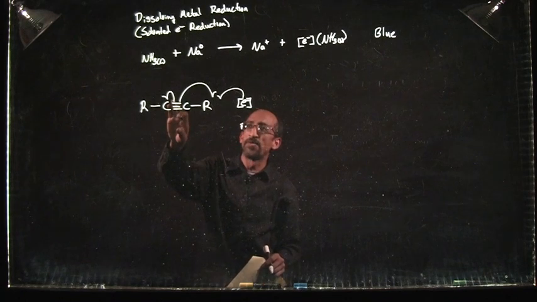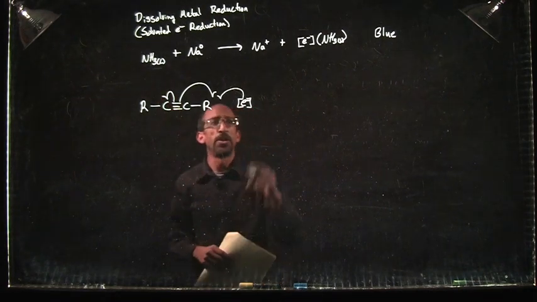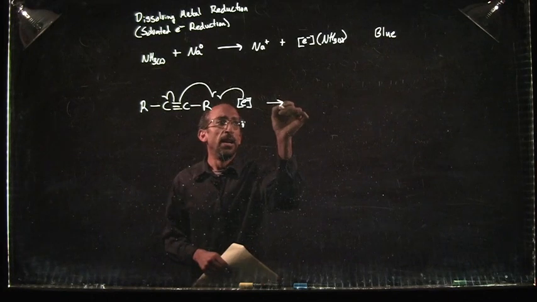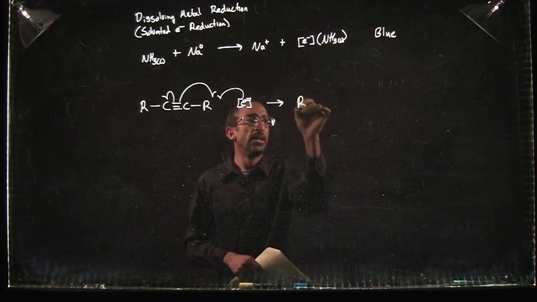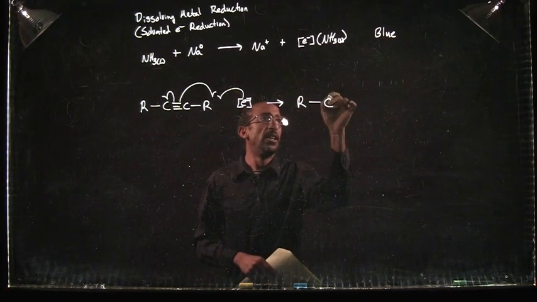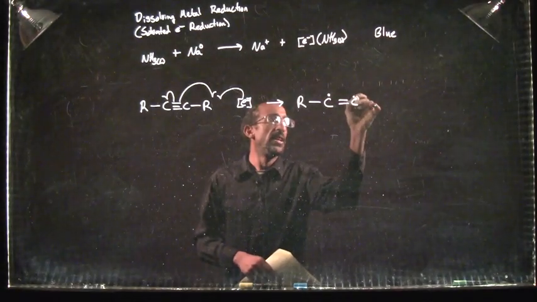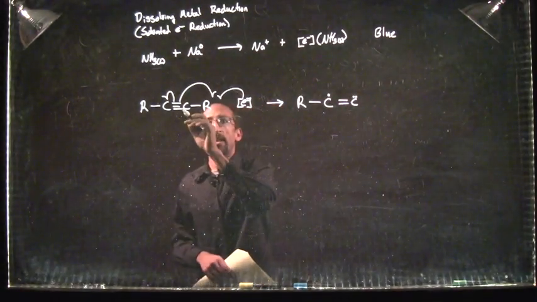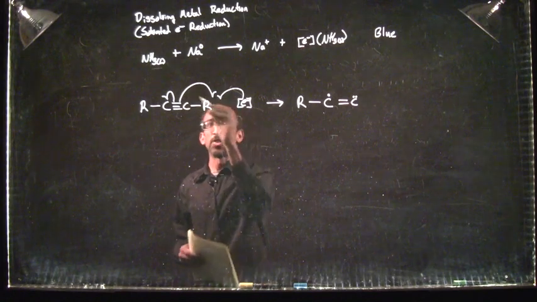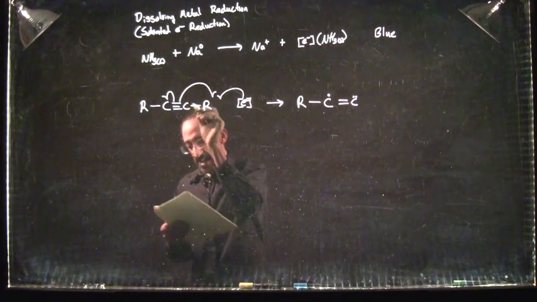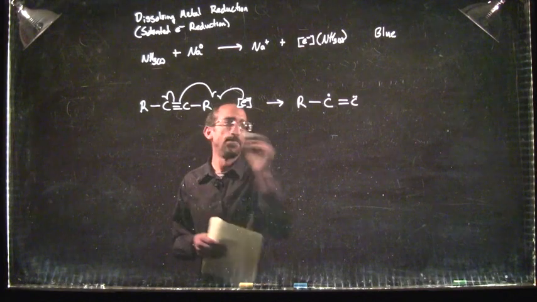The other electron from that pi bond will move to a carbon atom. And what we will form is what is known as a radical anion. And it's an anion because we brought these two electrons together and they're going to end up on this carbon atom.